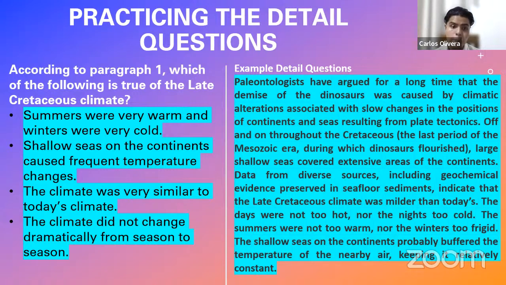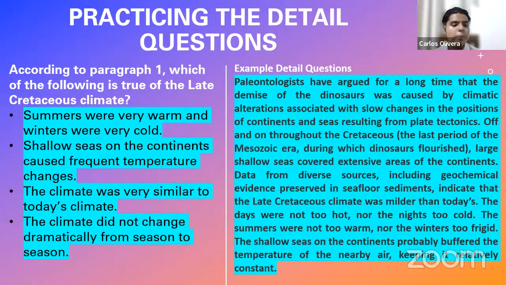It's also not true because in our paragraph, it is said that temperature did not change frequently because seasons were very much equal. They were not too warm nor too cold. Therefore, frequent temperature changes is not something that the paragraph says, therefore not the correct answer.